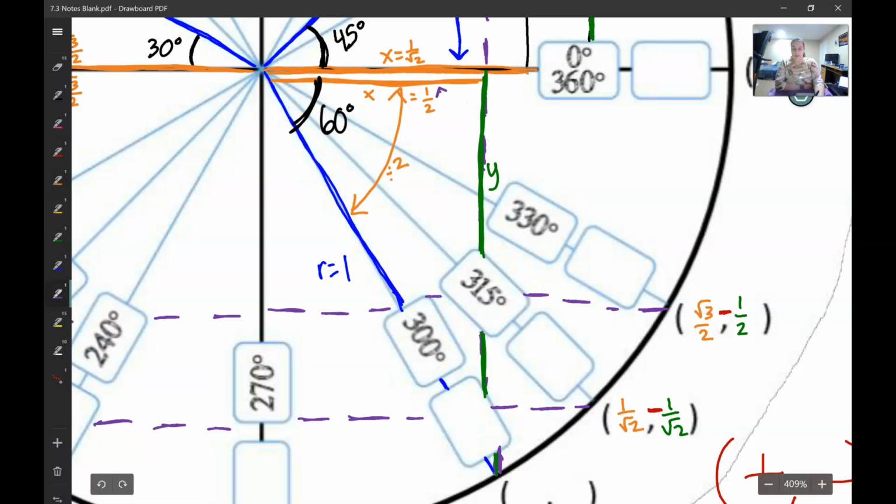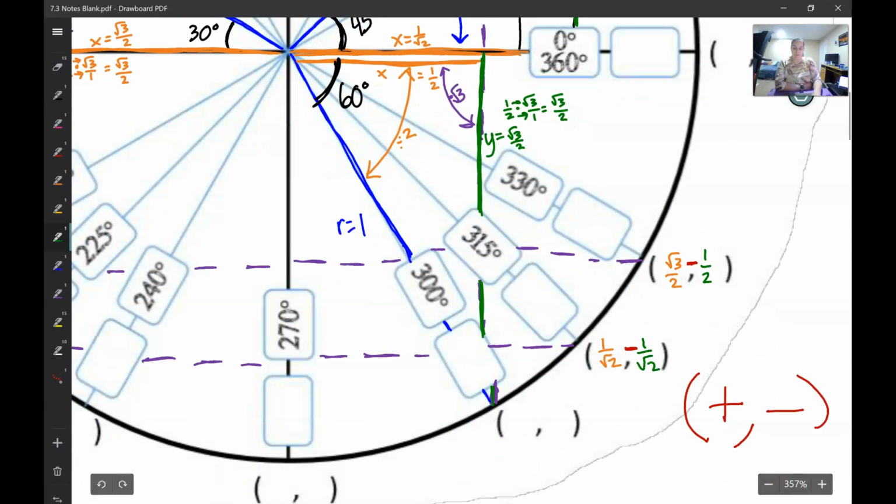Then between this side and this side, my special number is √3. I'm going from a smaller side to a bigger side, so I'm going to multiply by √3. So I'm going to have my 1/2 times √3, which if I multiply across is going to be √3/2.